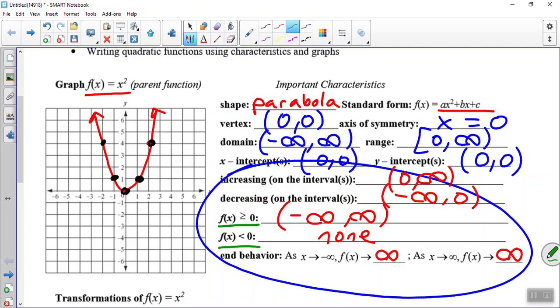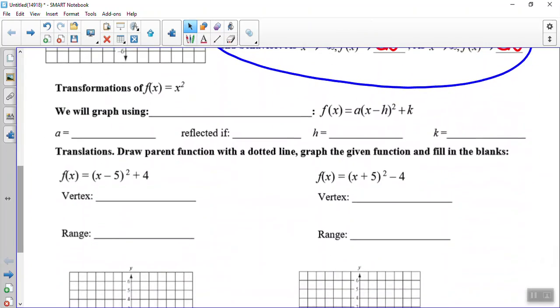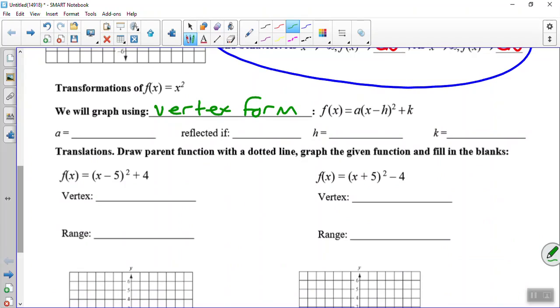But what we're going to give you are various functions that transform the graph using vertex form. This should look similar to absolute value, when we did transformations with absolute value, where a is either the stretch or compression, which changes the shape of the graph.